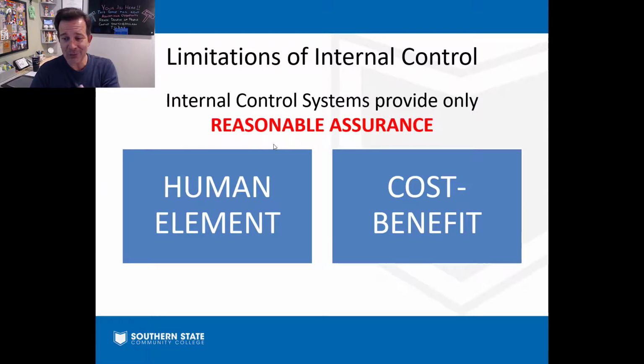Humans have their own biases, their own kind of things they like to do, their own temptations maybe. And sometimes humans will find a way to exploit internal controls, no matter how good they are. So that human element is always going to keep internal controls from being a 100% perfect safeguard.